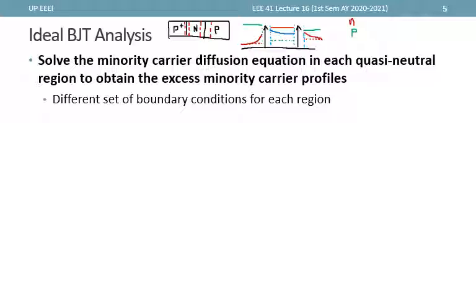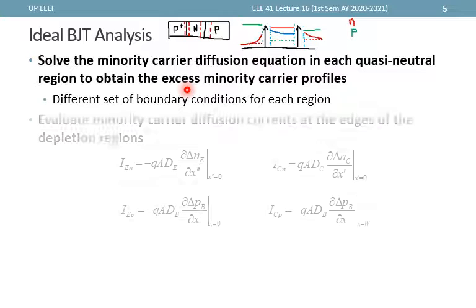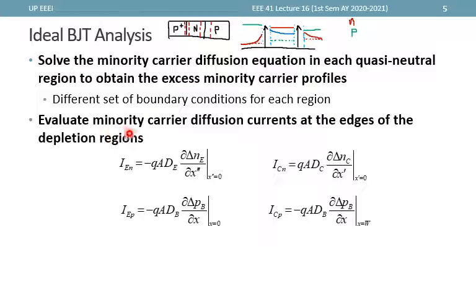So let's say we were able to get expressions for the excess minority carrier concentration. Our next step is to evaluate the minority carrier diffusion current. These are diffusion currents, although instead of J, we multiply by area to get the current. Just like in the PN junction analysis, we evaluate it at the edge of the depletion region.